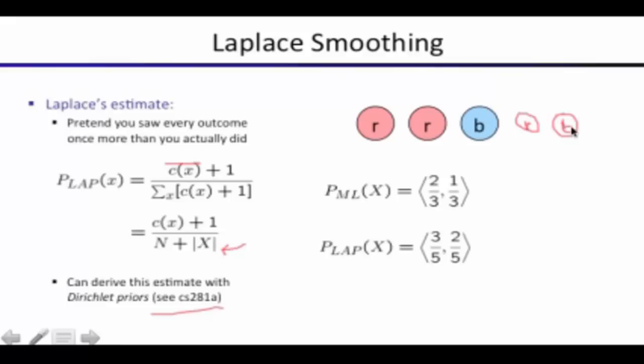You can imagine that if we only had 2 red, for example, maximum likelihood would say the probability of red is 1. Whereas Laplace would say, 1 is a little bit too extreme. It's really going to be 3 over 4. Does that make sense of what this is algorithmically?